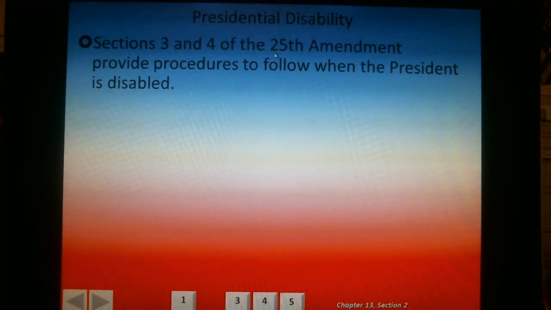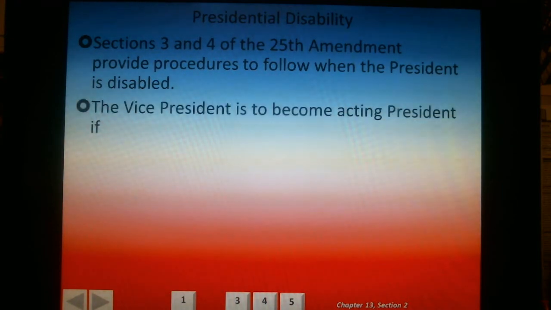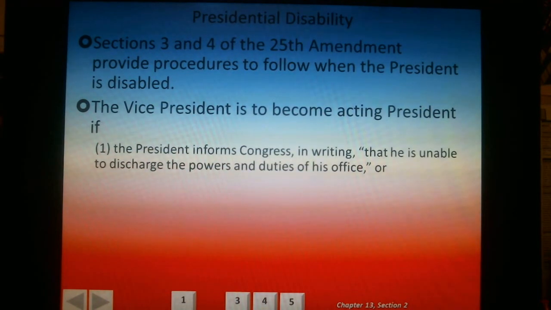So the 25th Amendment had to clarify that, and that's what it did in Sections 1 and 2. Sections 3 and 4 of the amendment basically provide for a procedure if the president's not dead, but what if he is disabled or unconscious or in a coma? What happens then? Well, basically, the vice president is to become the acting president if the president informs Congress in writing that he is unable to discharge his powers.